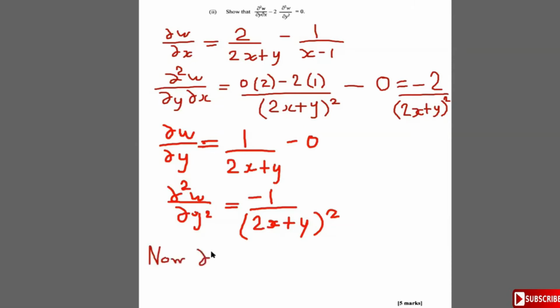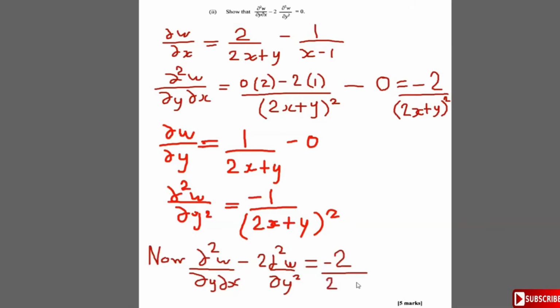As you can see, ∂²w/∂y∂x minus 2 times ∂²w/∂y². This is equal to ∂²w/∂y∂x, that's minus 2 over 2x plus y all squared, then minus 2 times this, which becomes plus 2 over 2x plus y all squared.